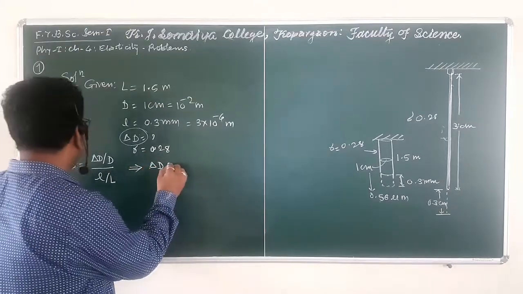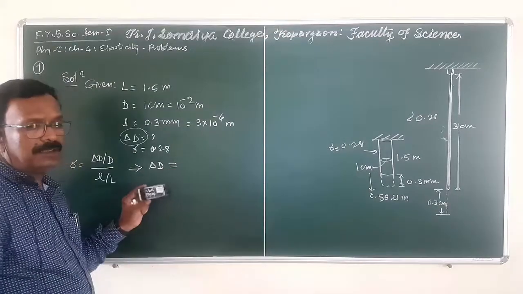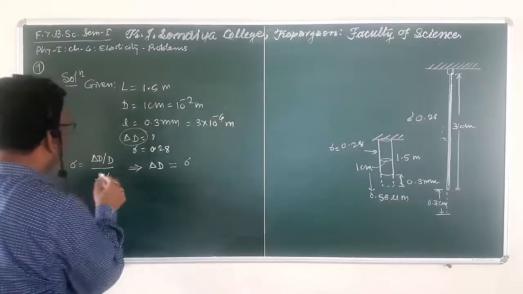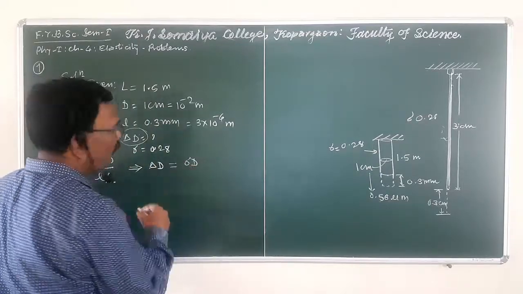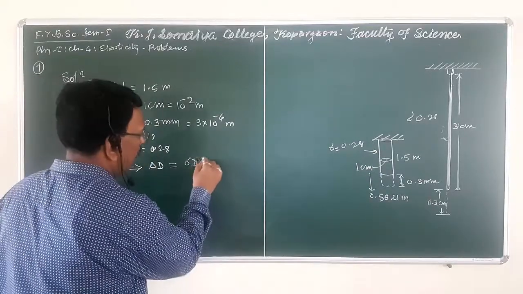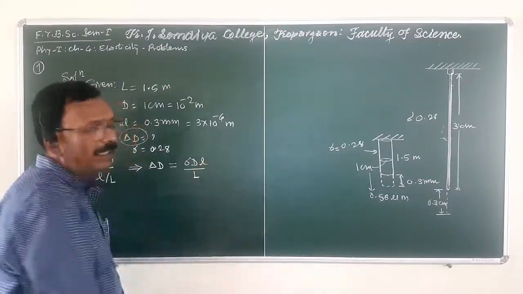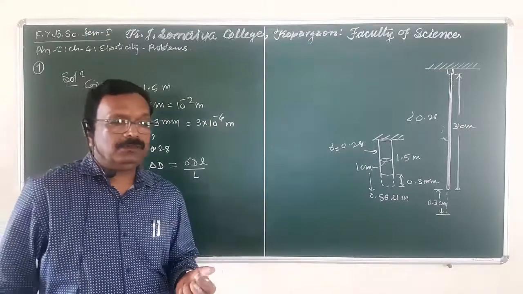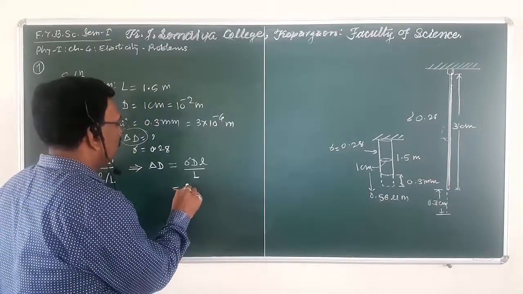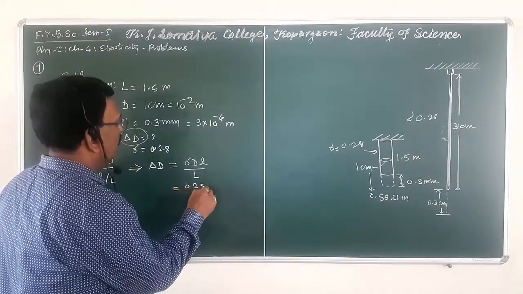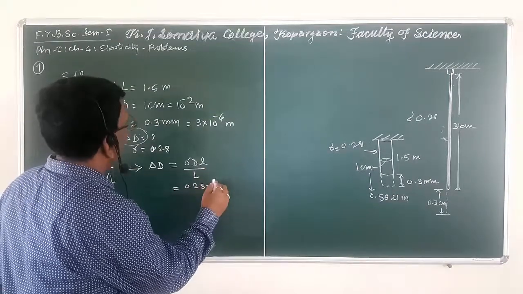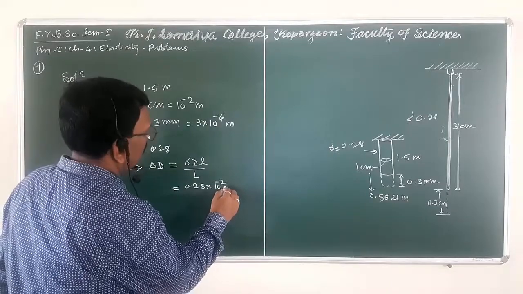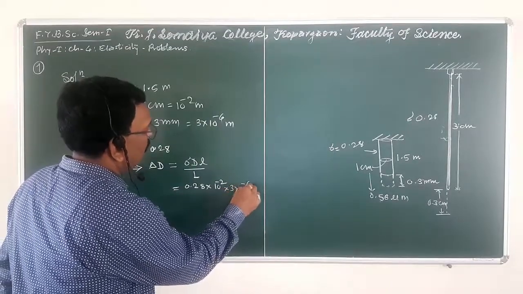So delta D is nothing but sigma, this D, and small l upon capital L. Okay. Now substitute the value 0.28 into D, 10 raised to minus 2, into l, 3 into 10 raised to minus 4.